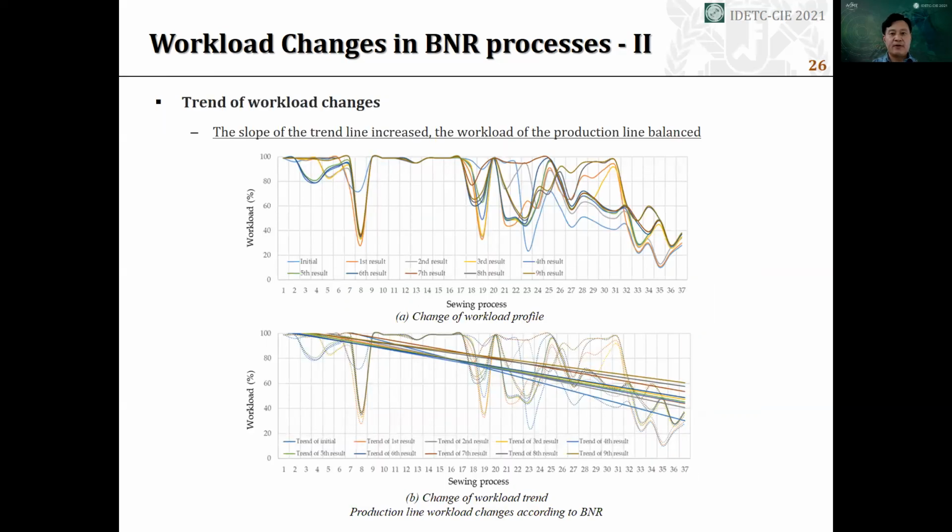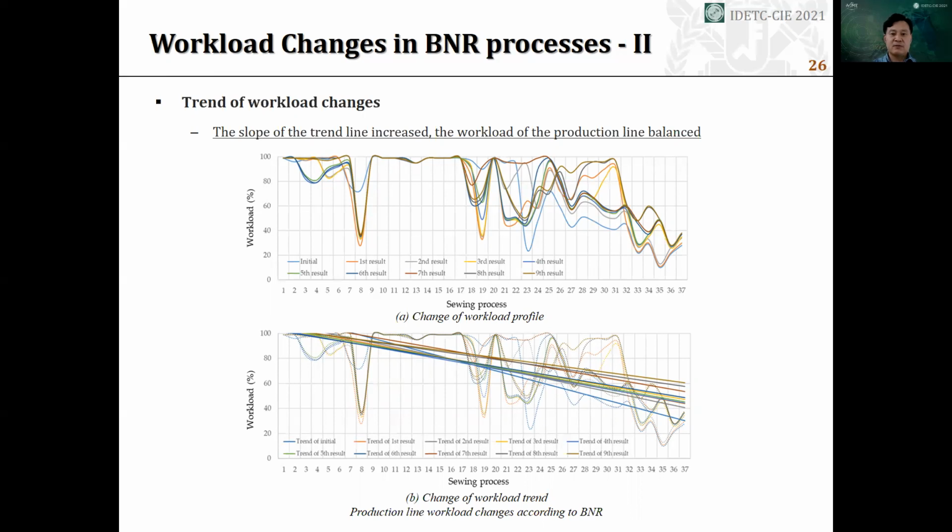And figure A shows the workload changes during the entire bottleneck removal processes. And figure B shows the trend of each workload profile. In figure B, it can be observed that the slope of the trend line increases.